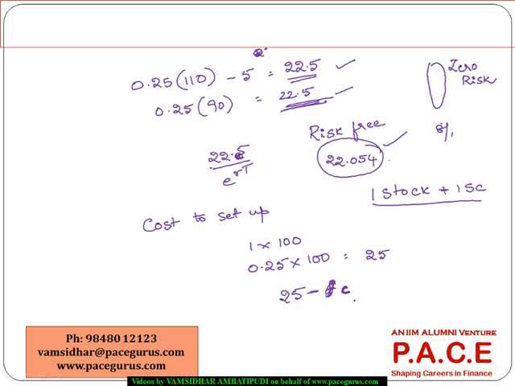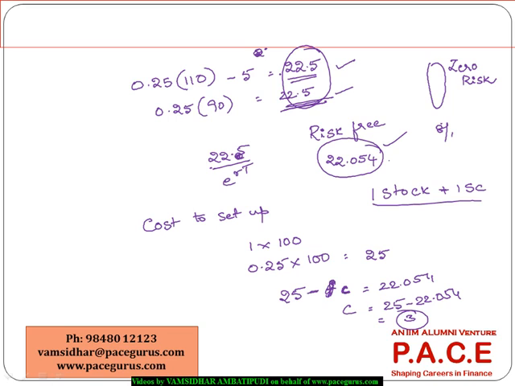So this is the cost of setting this up, and this should be equal to the benefit that I am going to generate out of this. So the worth of the call option is 25 minus 22.054, approximately 3 bucks. Because this is a riskless portfolio, after 3 months the payoffs are going to be the same.